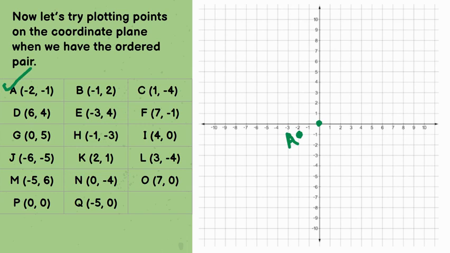Okay. Letter B, -1, 2. So I'm going to go at my origin over -1. And it's a positive 2, so that's telling me I'm going to go up.